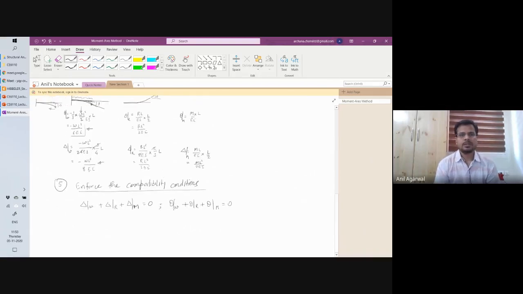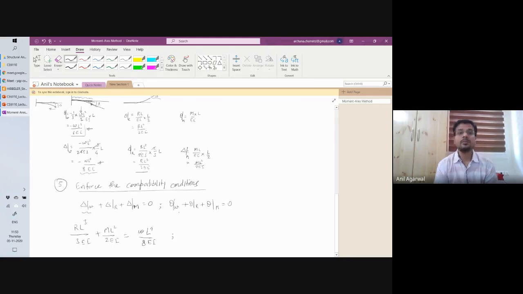Fine. So now we can simply write these equations. The first one, that is delta, right? The three delta terms added together. What I can do is take the W part, delta W, to the right side. So I'll write it this way. R terms first: R L cube by 3 EI plus M L square by 2 EI is equal to W L to the power 4 divided by 8 EI.